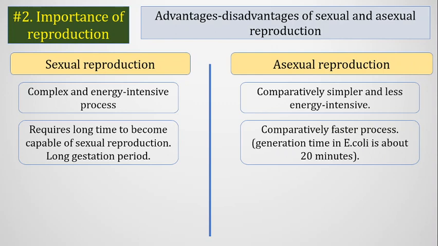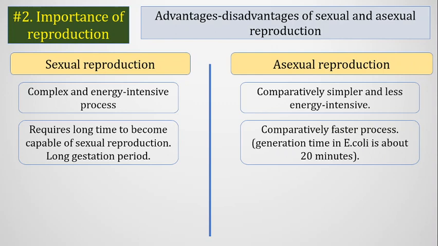And after that the female animal conceives the embryo, and this resides in the female body for a long period of time, that is called the gestation period. So after a long gestation period an offspring will come into the earth.